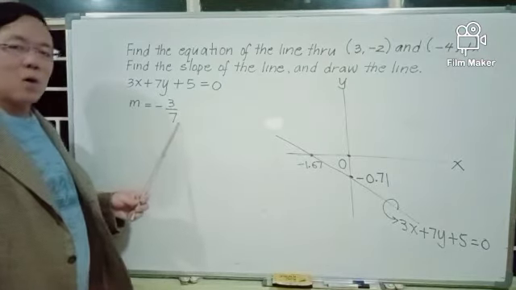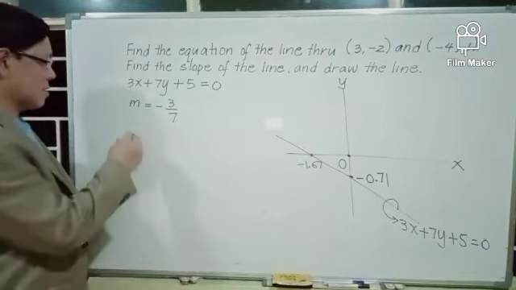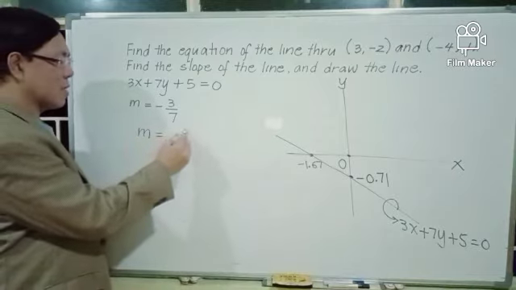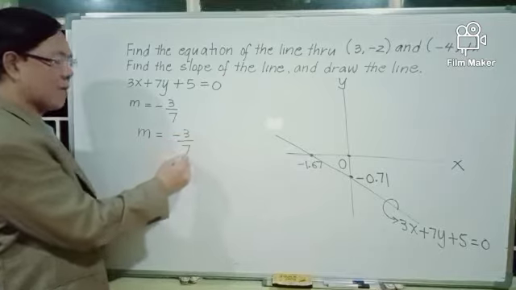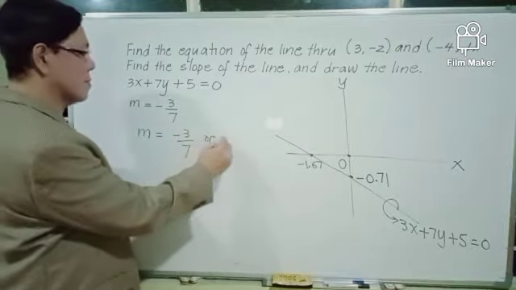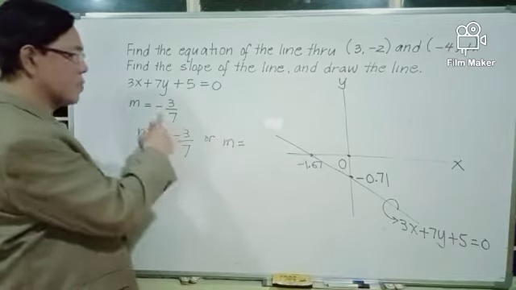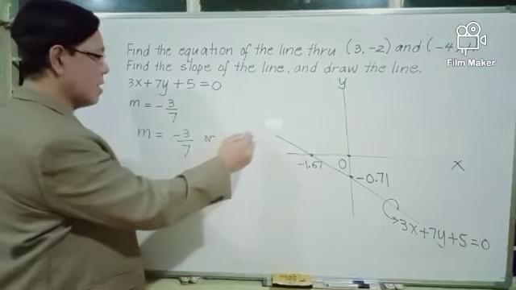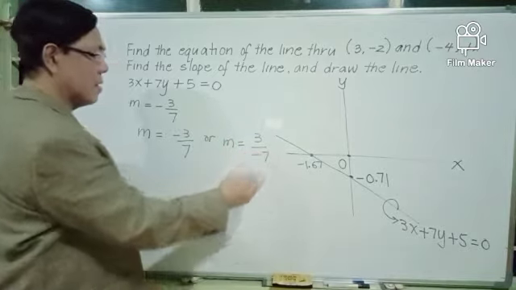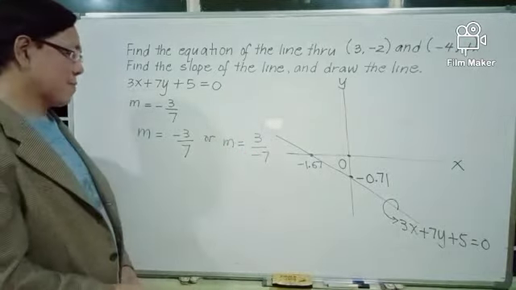This negative 3 over 7 can be written as negative 3 divided by positive 7, or negative 3 over 7 can be written as positive 3 divided by negative 7.